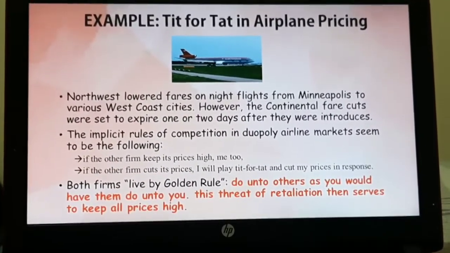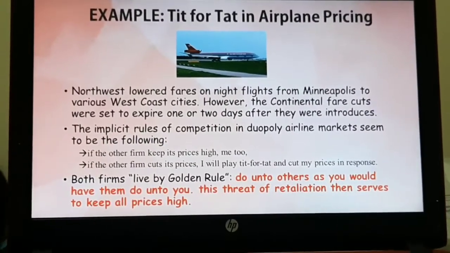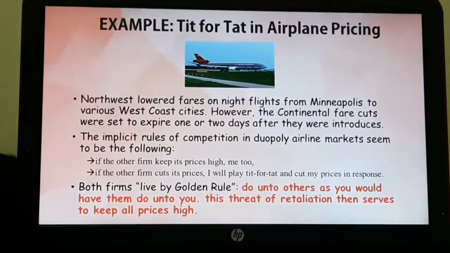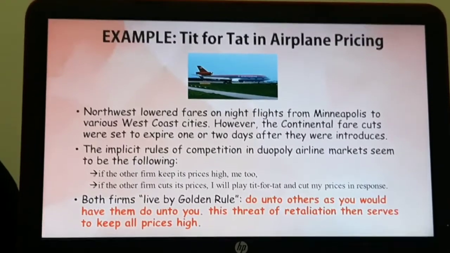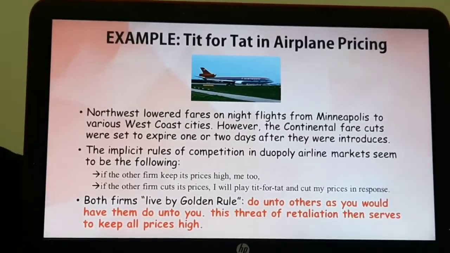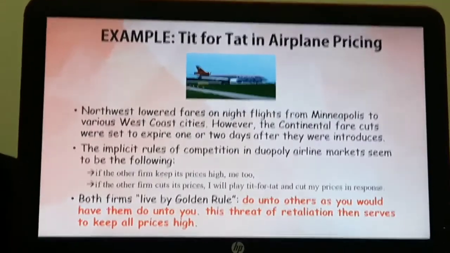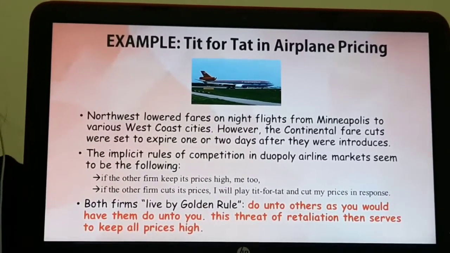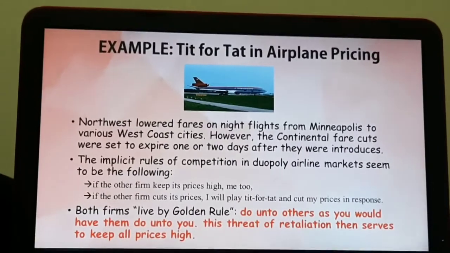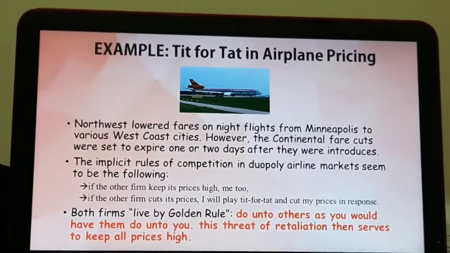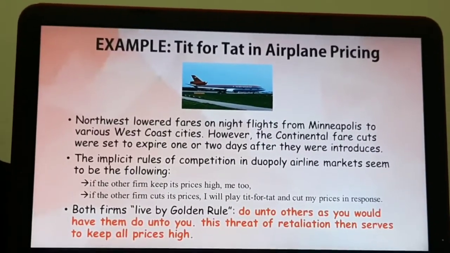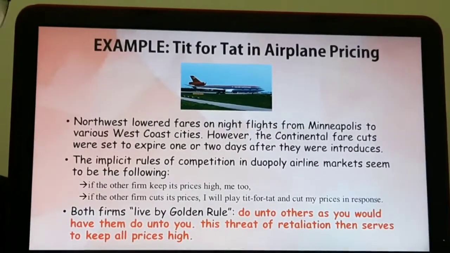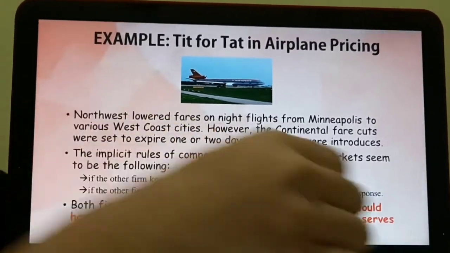But if the other firm cuts its price, I will play tit for tat and cut my prices in response. It's the same as above, but this is the other situation, when the opponent cuts their price, we also play the tit-for-tat strategy by following what the opponent does. So we also cut our price too.